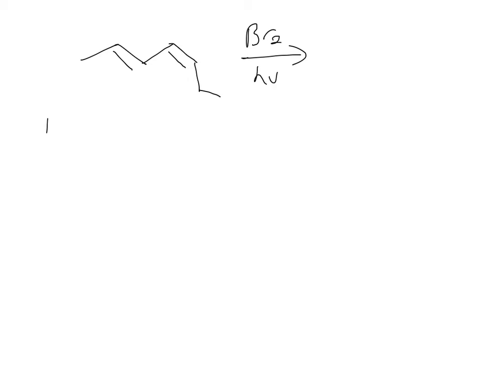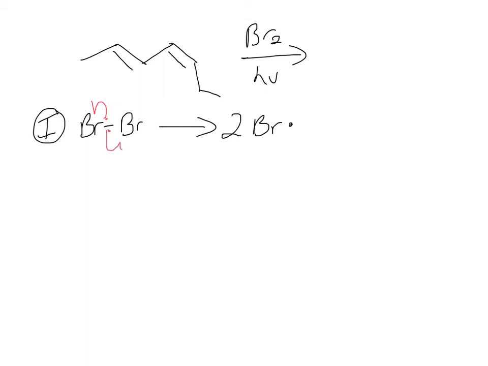So the first step is an initiation, and that's where the bromine essentially becomes 2 Br dots. Right? Initiating the radical species that we need to react, the one we're actually going to add. Now, propagation step here, and now we're actually going to react with this.